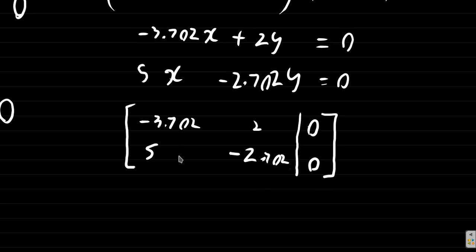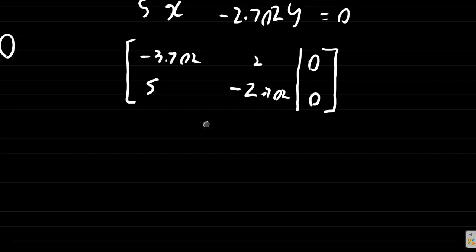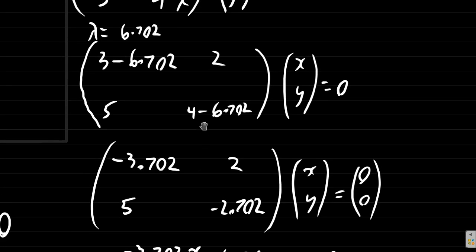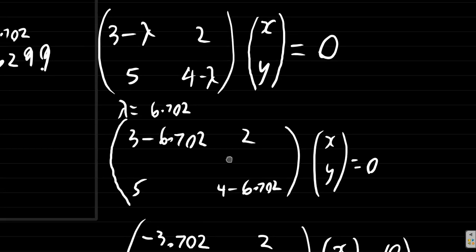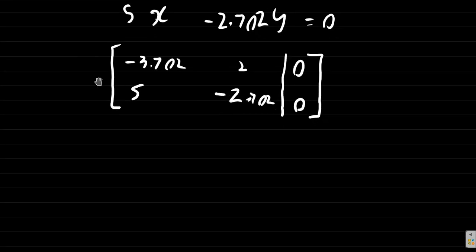Alright, so we could use the elimination form. Gaussian elimination is going to be a bit more complicated, being that we have decimals here. But once you solve this, you will get the eigenvectors corresponding to lambda equals 6.702.